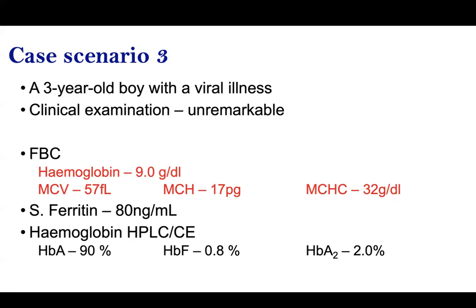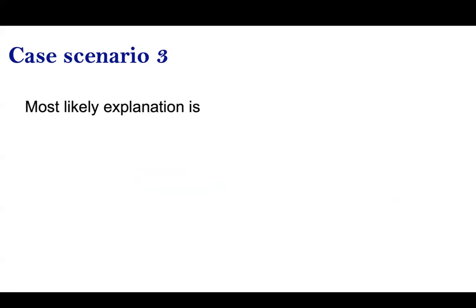Alpha thalassemia? Yes, I just heard the answer. The most likely explanation is alpha thalassemia trait, which is something you are not very familiar with, but ironically, it's a very common condition in this country. It's quite common for us in pediatrics to see children with a microcytic anemia blood picture.